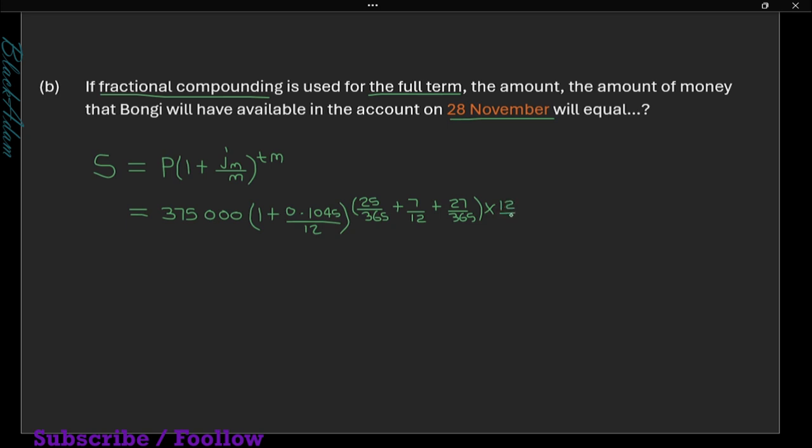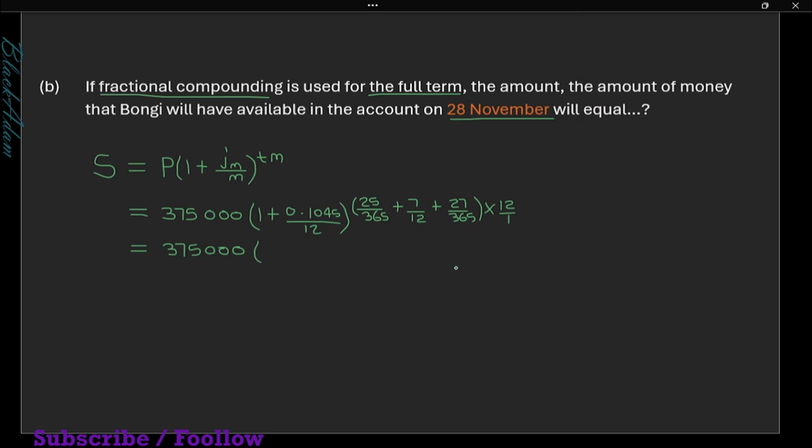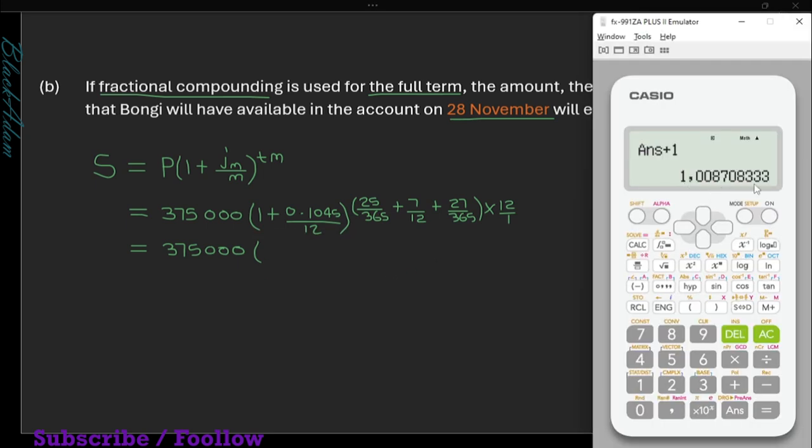We have 12 months in a year, it's per annum, so we multiply all that by 12.